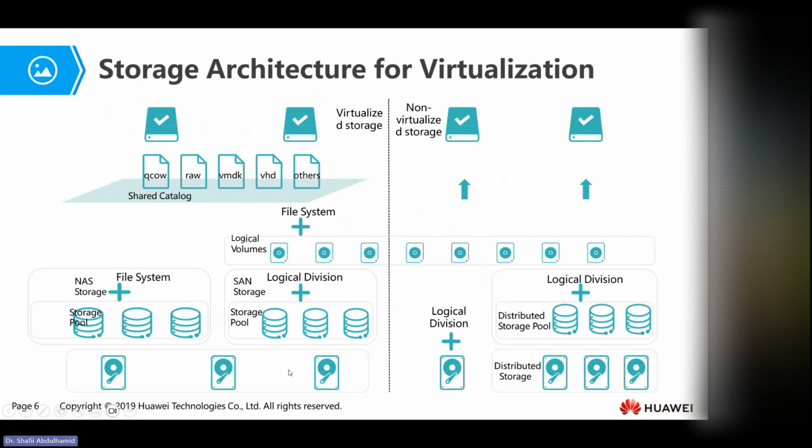Immediately after the physical storage device, that's where we have pooled storage. So what do we have in the physical storage device? This is where we actually have the disks that contain the information.